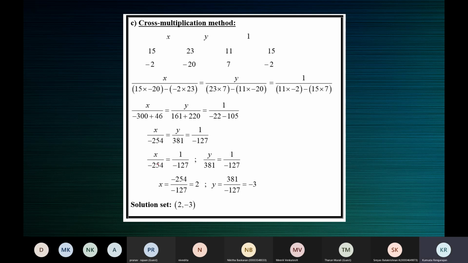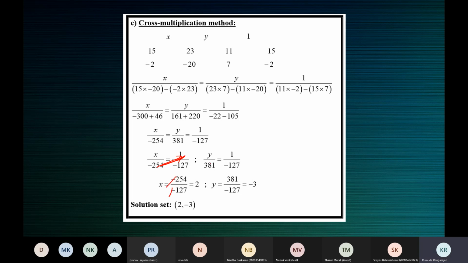So after writing this, you have to cross multiply. When you cross multiply, this will just come here. So x is equal to minus 254 by minus 127, which is 2. Minus and minus gets cancelled.